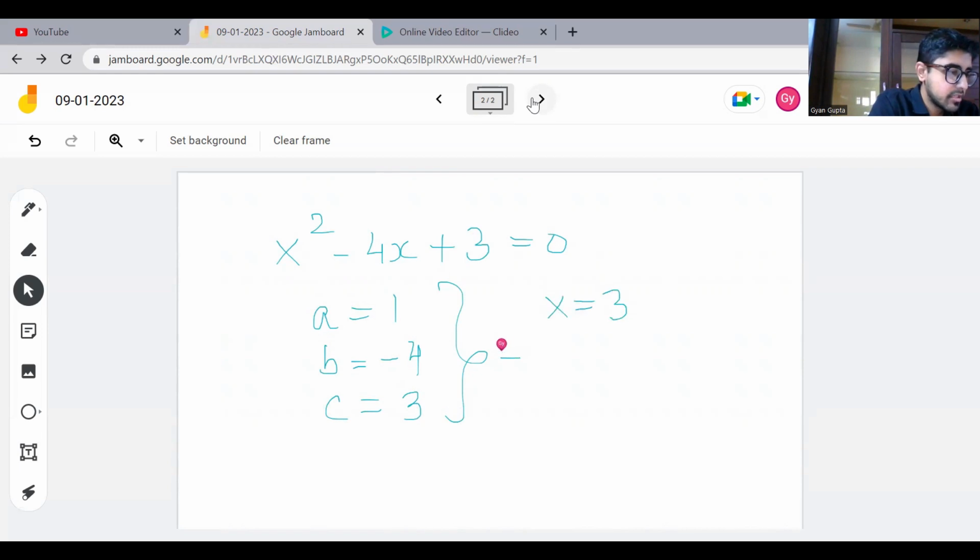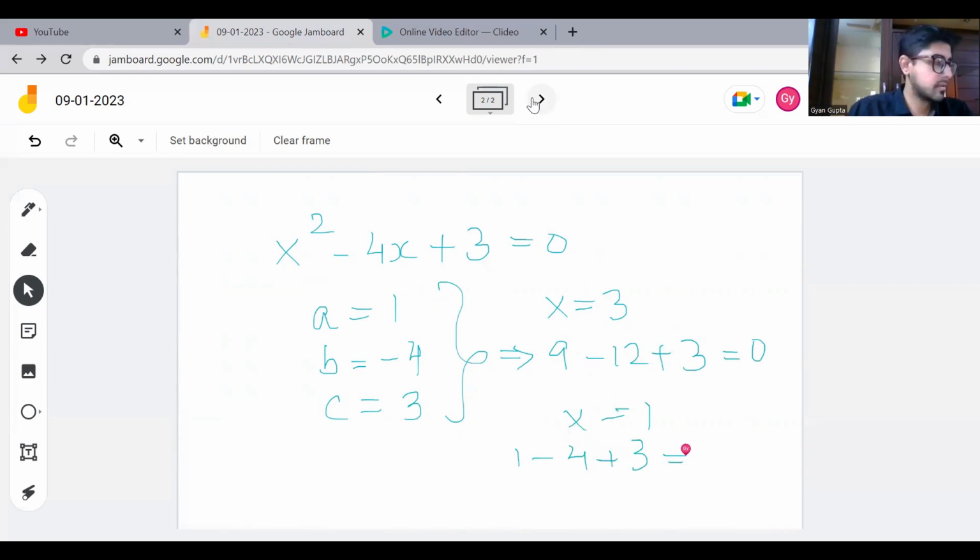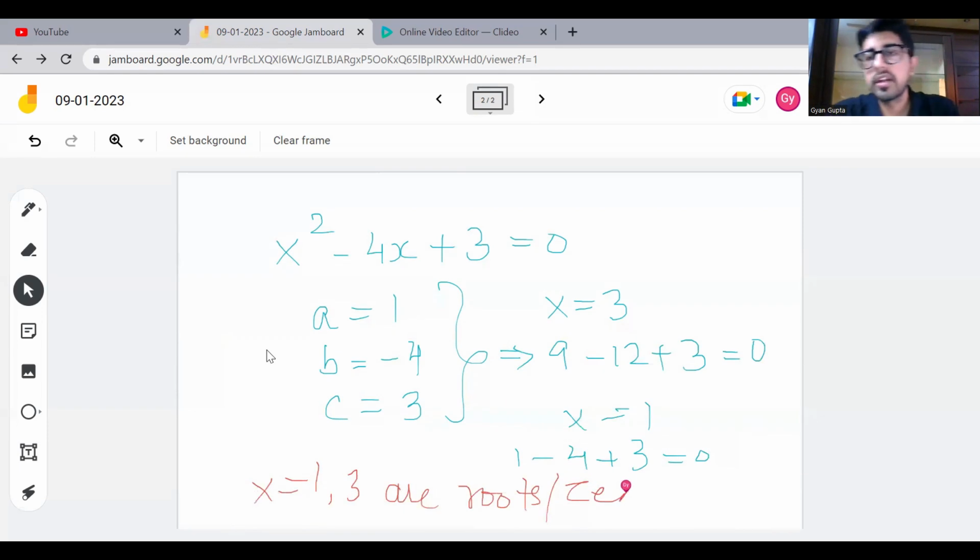I will get the LHS as 9 minus 12 plus 3, which is equal to 0. Satisfied? Let's put x is equal to 1. 1 minus 4 plus 3, which is equal to 0. Hence, I can say that x is equal to 1, 3 are roots or zeros of the quadratic equation. Fair?